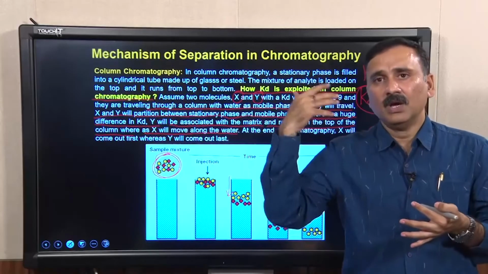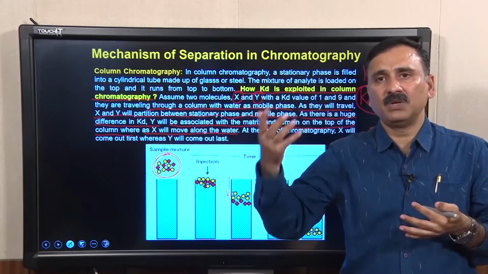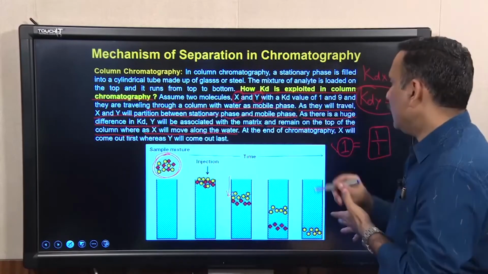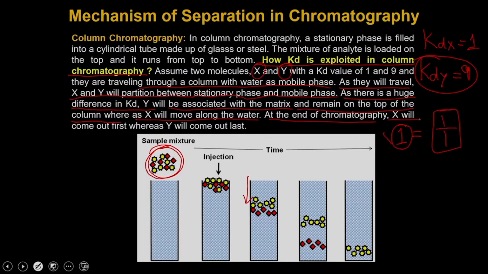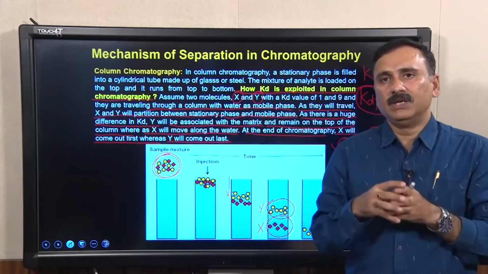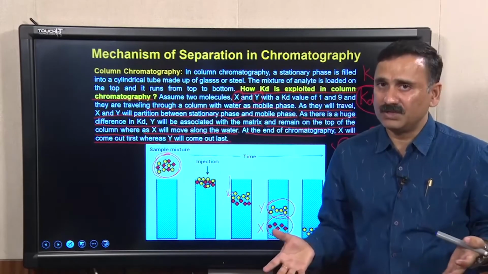So it will keep partitioning and distributing towards the mobile phase. At the end of the chromatography, X will come out first, whereas Y will come out at the end. This is the X molecule and this is the Y molecule, and because they have a very wide difference in Kd values, Y is separated from X, and that is how you can exploit the distribution of the two molecules based on the distribution coefficient.